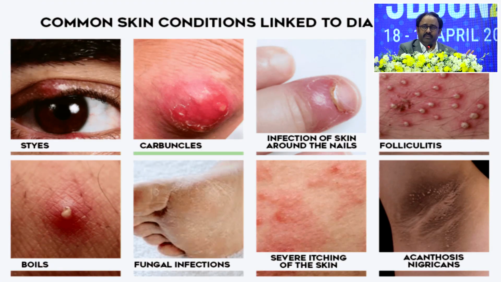These are the common skin conditions that we see in clinical practice among the diabetic population: hordeolum or styes, carbuncles, infected skin around the eyes, folliculitis, boils, fungal infections like tinea and candidiasis, severe itching of the skin, and acanthosis nigricans.